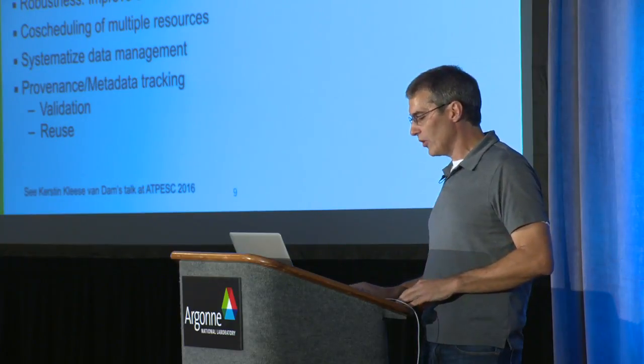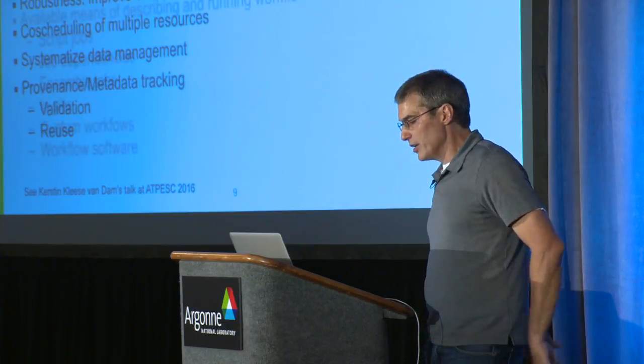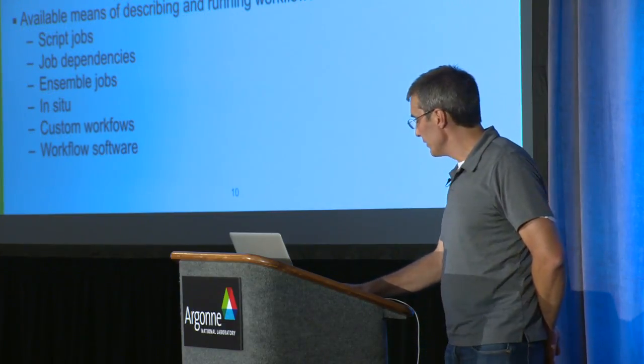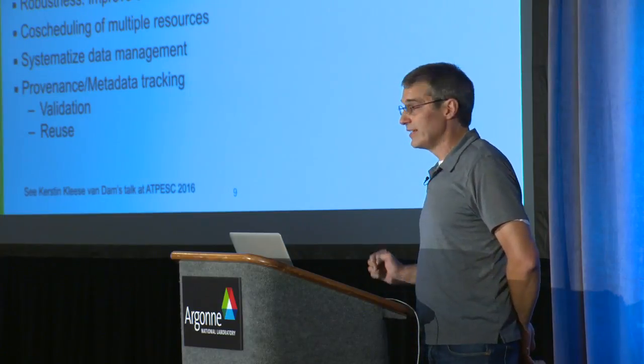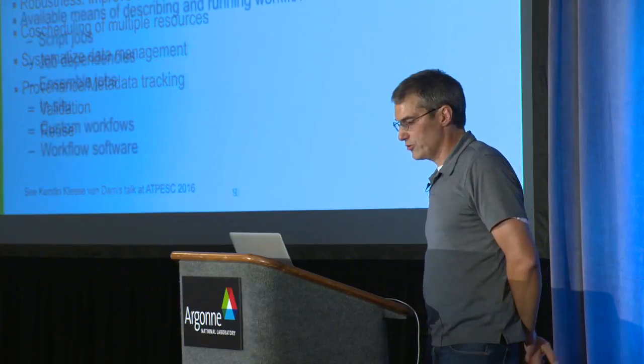But there are certainly many other factors, such as which compiler was used, which compiler switches were used, what machine it was run on, what the configuration of the machine was when it ran, hopefully not what time of day it was, but these factors come into play. Those things go ultimately toward reproducibility of results, which we really should be working on improving. I made a reference there that the talk that follows mine is from Kirsten Cleese Van Dam, who will talk about provenance, so you will learn about that shortly.